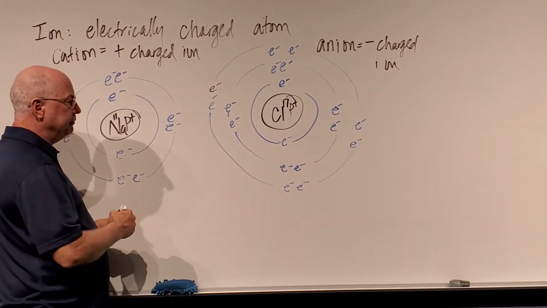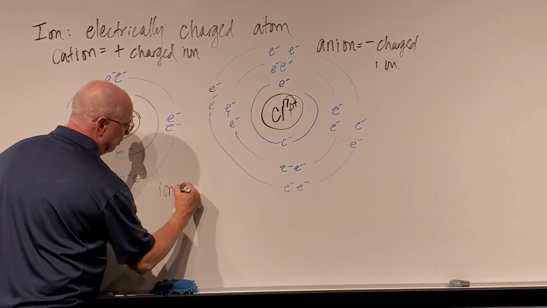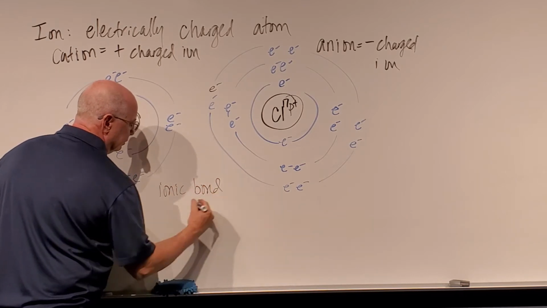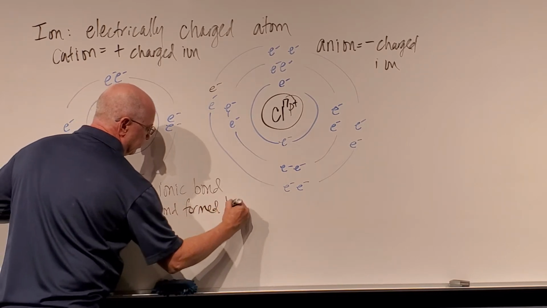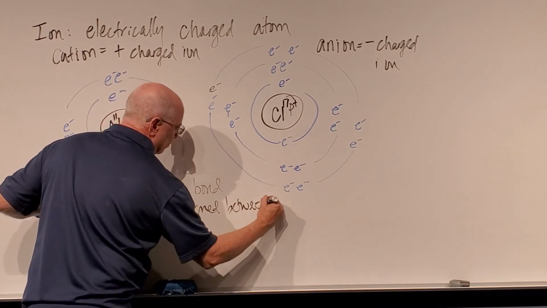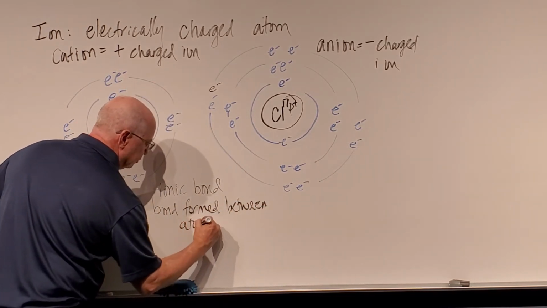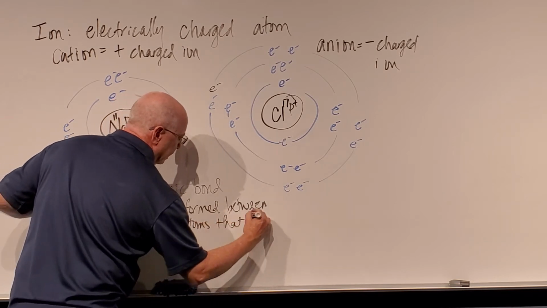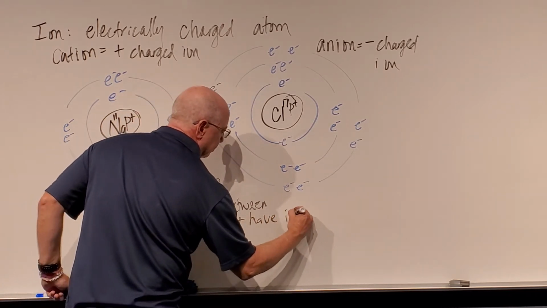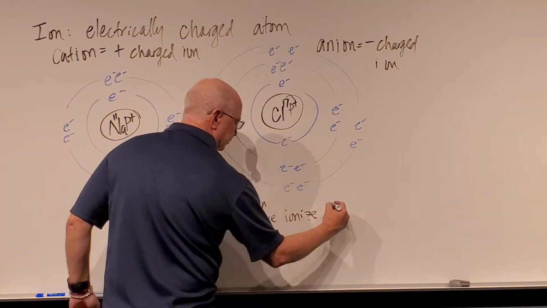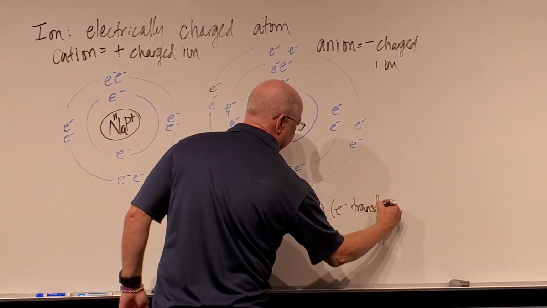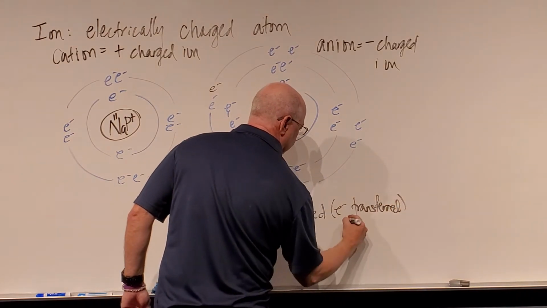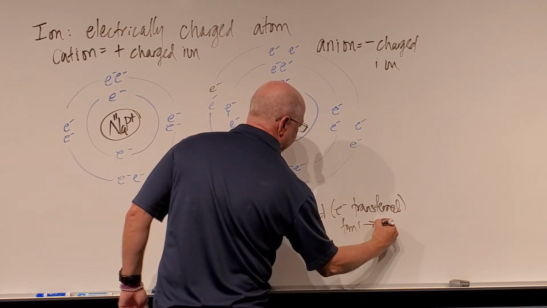And anytime we talk about what's called an ionic bond, this is a bond formed between atoms that have ionized. Electrons are transferred from one to the other.